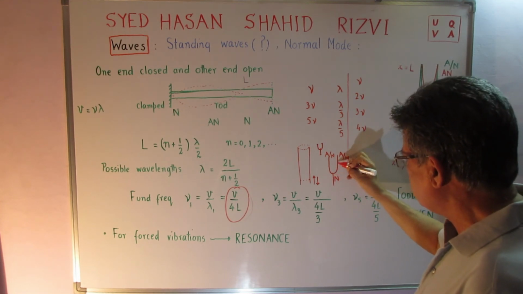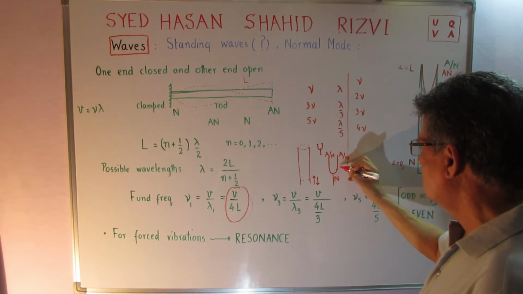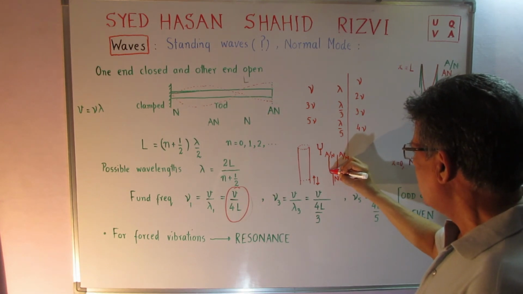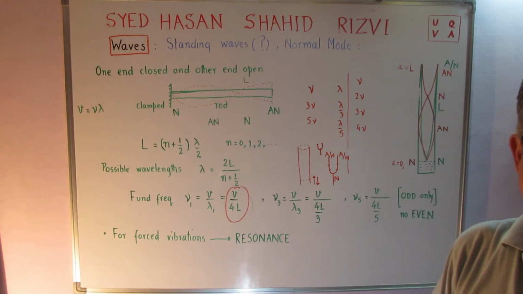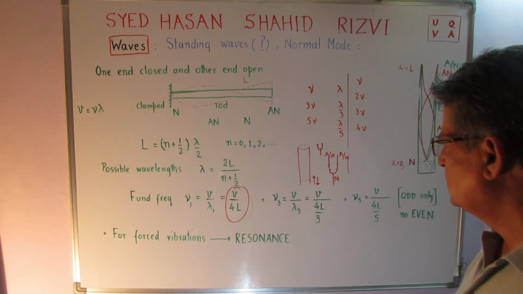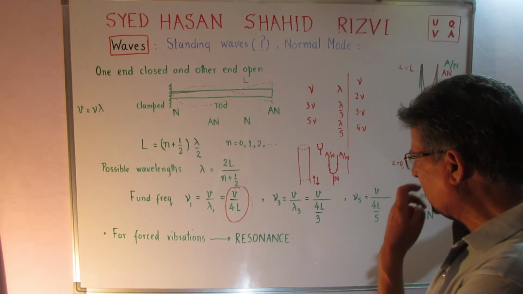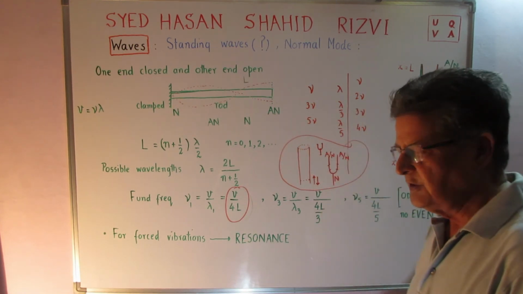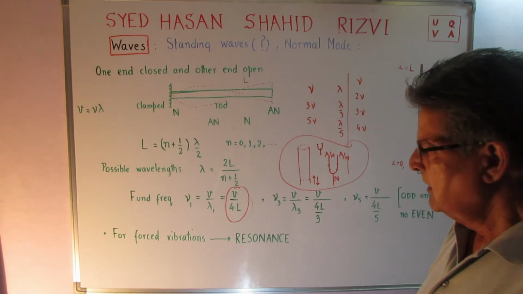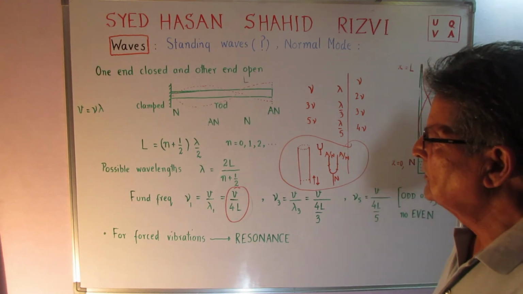In between also you can have an antinode and a node, and that way this tuning fork can give you the fundamental frequency or other frequencies. With the help of these two we find the speed of sound.